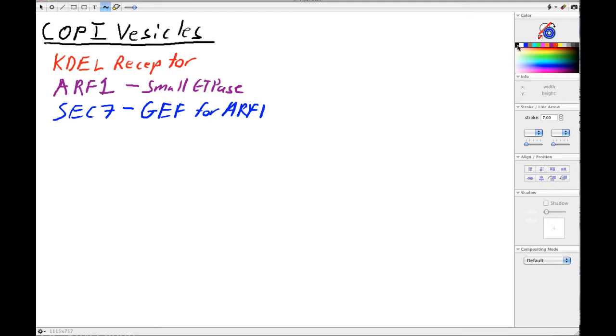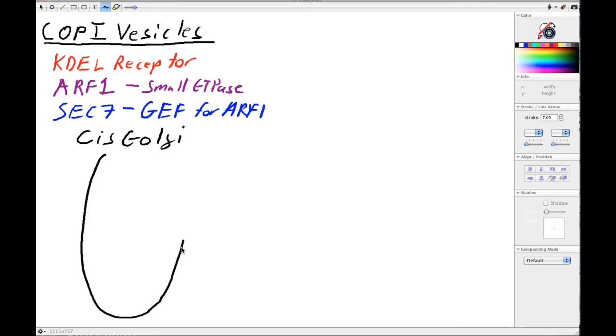So what I'm going to do is first just draw a giant cis Golgi. Obviously not to scale. If this were the size of the Golgi, your head would be the size of the moon or something equivalent to that. So first, this is the KDEL receptor.